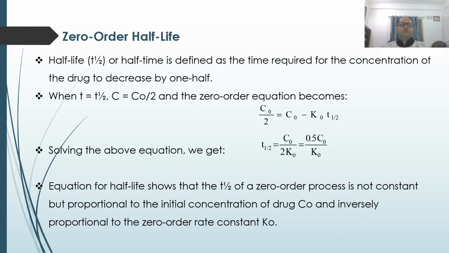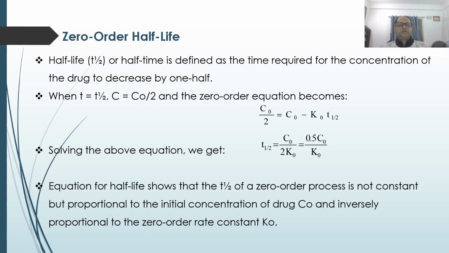Then come to zero order half-life. Half-life is indicated as T half. Half-life is defined as the time required for the concentration of the drug to reduce by half. Whatever the initial concentration is, the time taken to reduce the initial concentration to half is called the half-life.